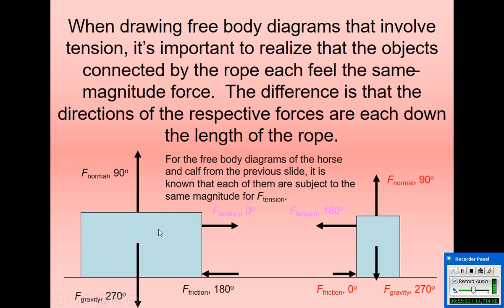If I were to draw a free body diagram of the horse on the lower left and a free body diagram of the calf on the lower right, because of the rope connecting them, there is a tension force on the horse, there is a tension force on the calf, and you can see the purple text representing the tension. Those arrows have the same length, but they are in exactly the opposite direction. On the horse, the tension force points along the rope to the calf. On the calf, the tension force points along the rope to the horse.